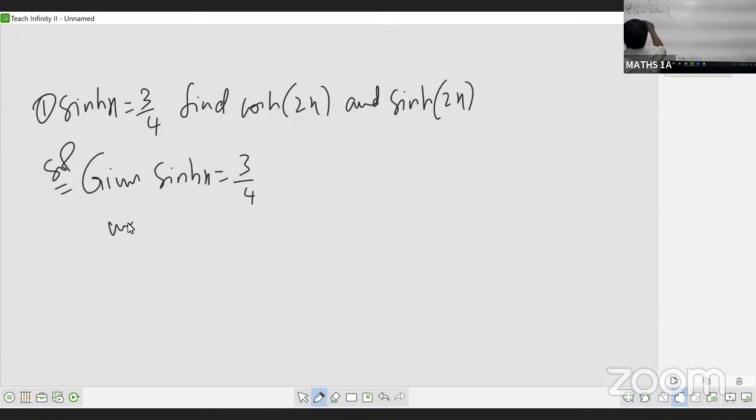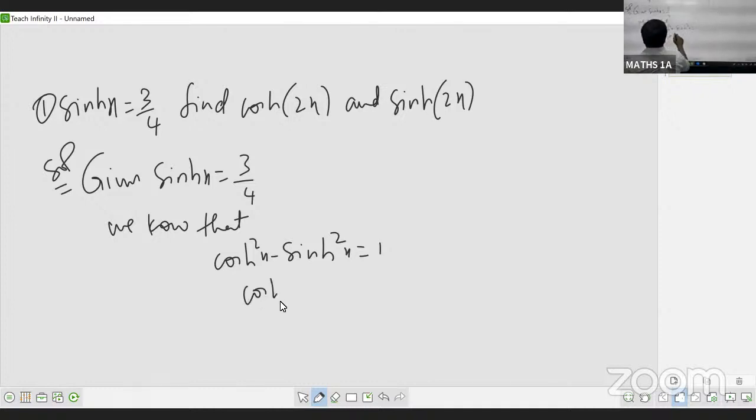Now we know that cos h square x minus sin h square x is 1, and cos h square x is equal to 1 plus sin h square x. This is a formula. Is it clear, everybody?